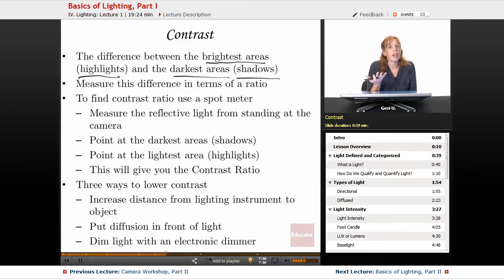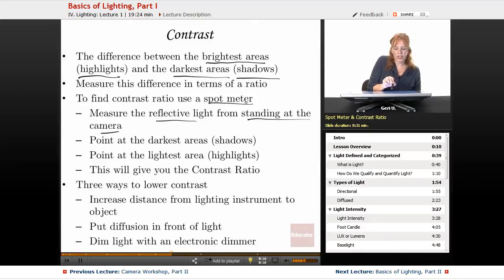You should know that modern video cameras are getting better and better at this, but sometimes video doesn't like a lot of really intense contrast or high contrast ratios. So we like to measure and control it. What we do is use a reflective light meter, measuring the reflective light while standing at the camera. So remember, to find the contrast ratio, we use the spot meter in order to get the reflective light.